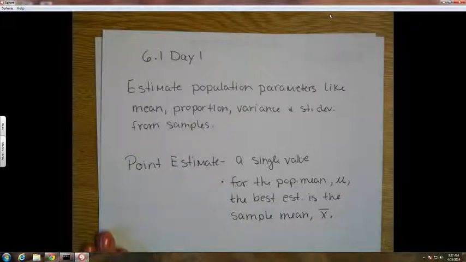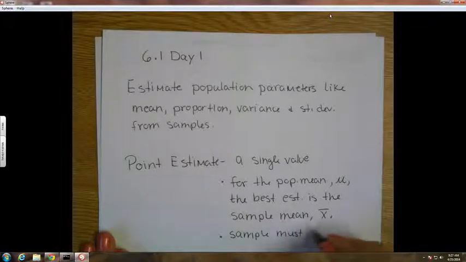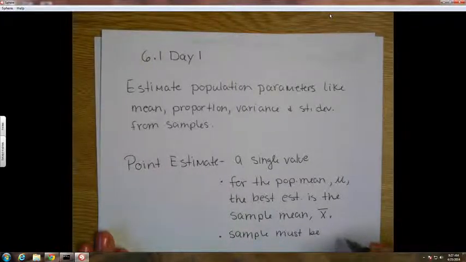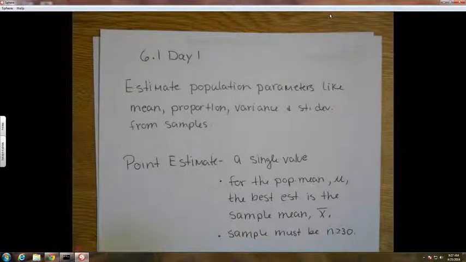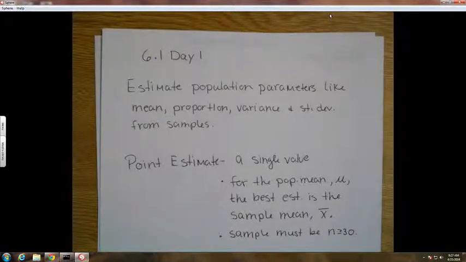And when we do this, because of that central limit theorem, our sample must be what size? Central limit theorem said how many do you have to have in the sample? 30. Greater than or equal to 30. Okay, so what do you think the chances are that if I wanted the average IQ score of the kids at Gladstone High School, I take 30 kids, average their IQ scores.